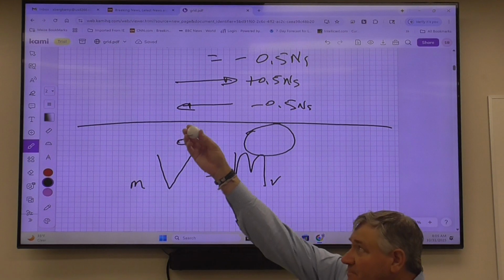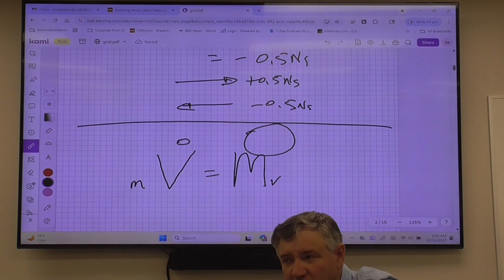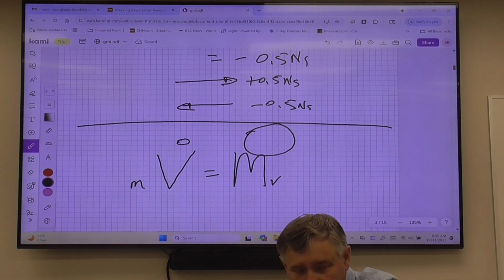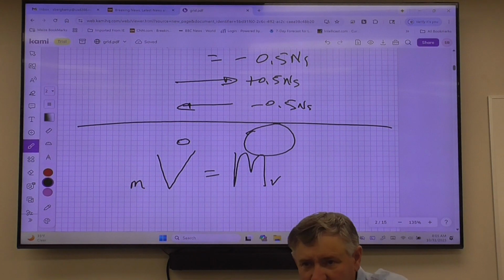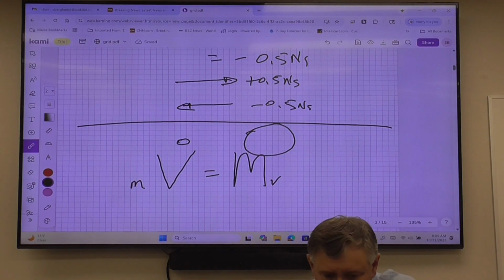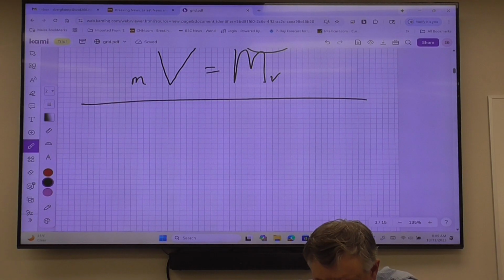So if I drop the golf ball, what's the initial momentum of the golf ball? 0. Cool. As it falls, what happens to the amount of momentum? It increases. Okay, cool. So, to make the math easy, let's say that down is going to be a negative value.